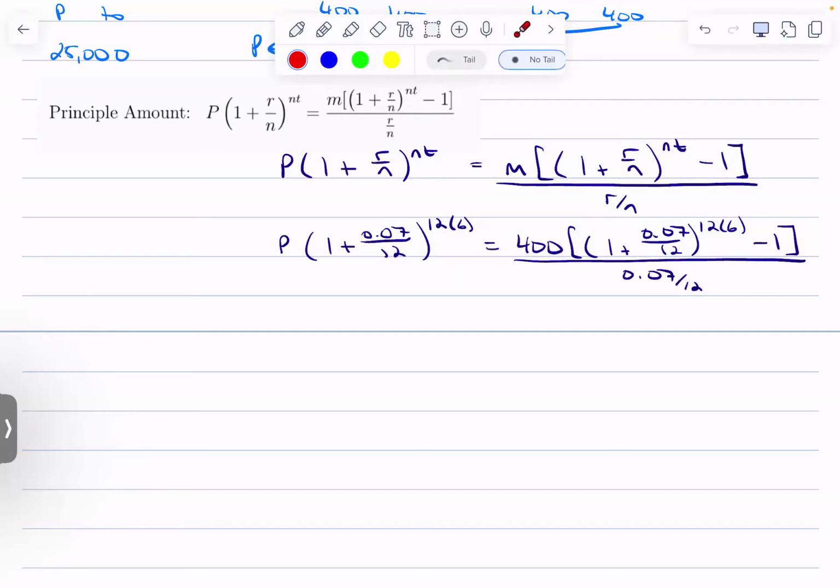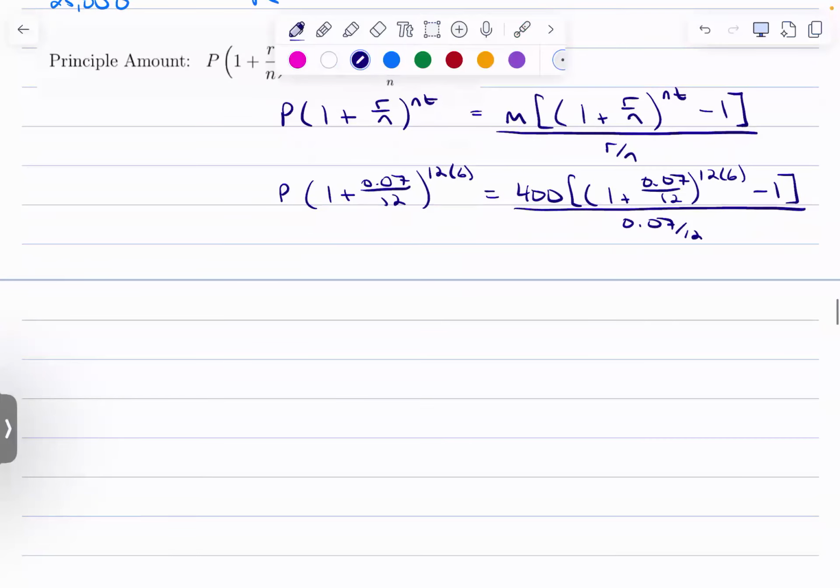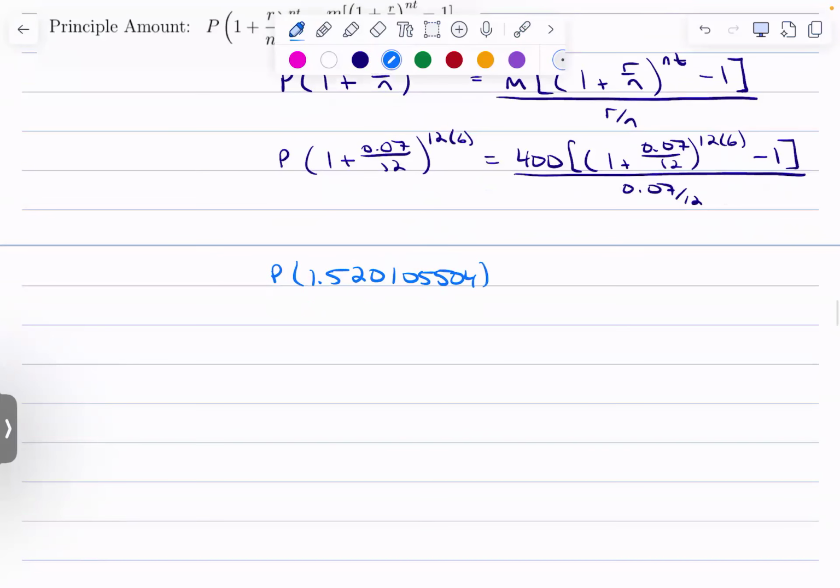Now, 0.07 divided by 12, real bummer, not anything nice. So I'm just going to go for it to the power of 12 times 6. P times 1.520105504. To show what I mean, I'm going to store this in A.